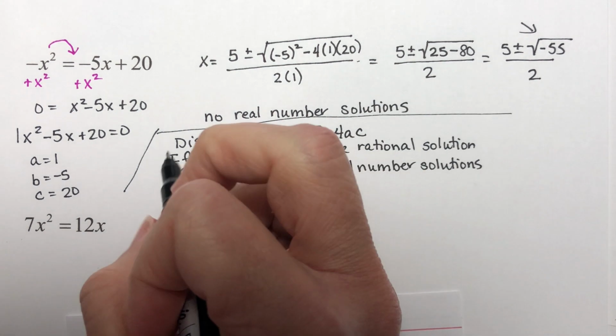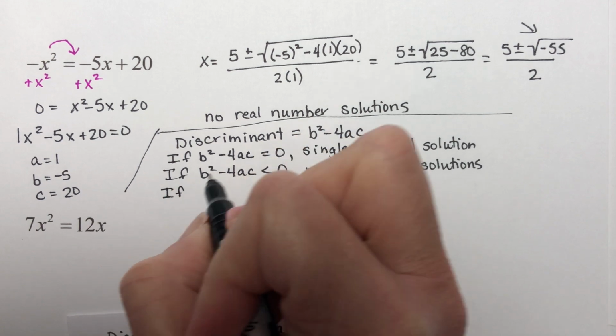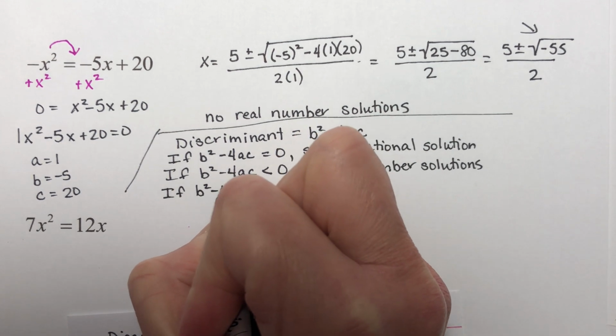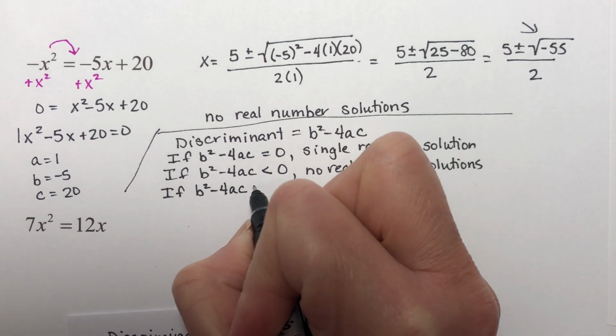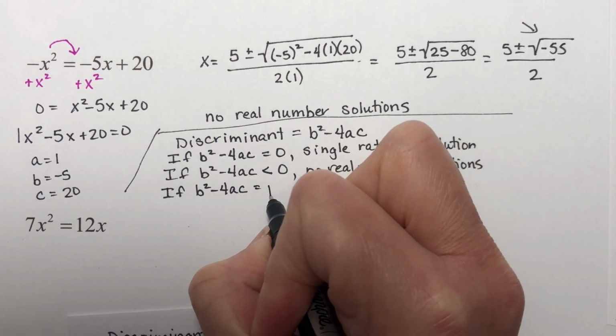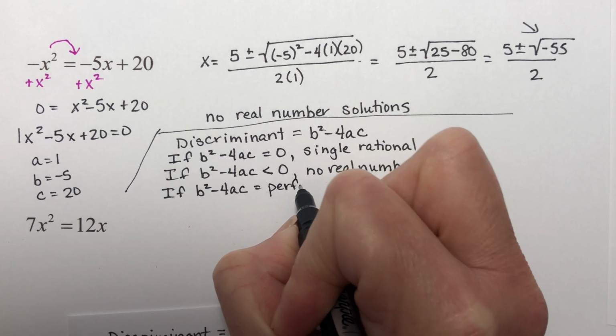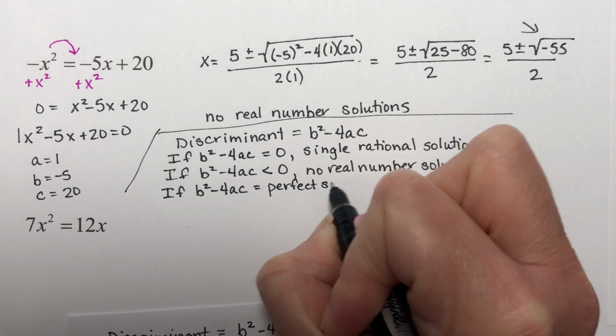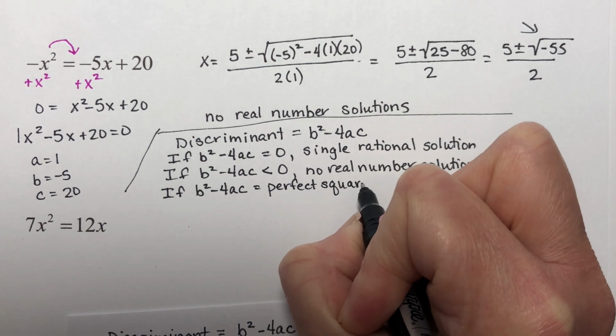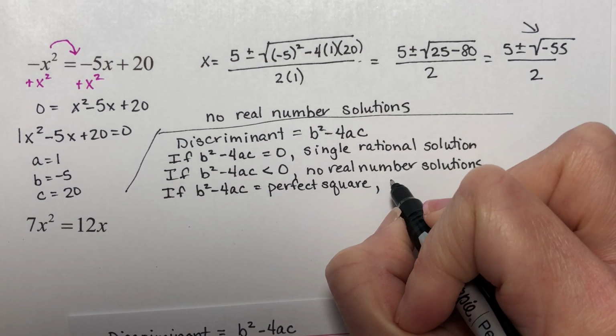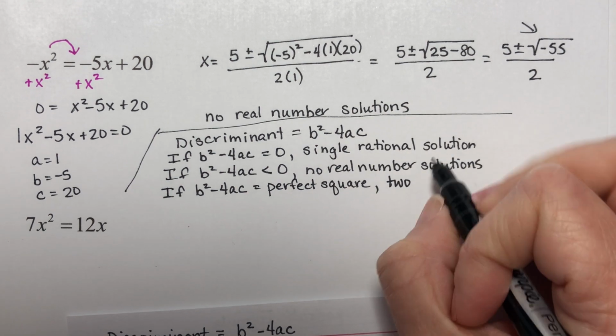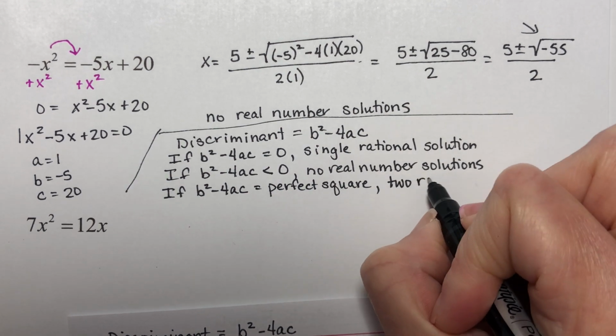Okay, now if b squared minus 4ac equals a perfect square, then we get 2 rational solutions.